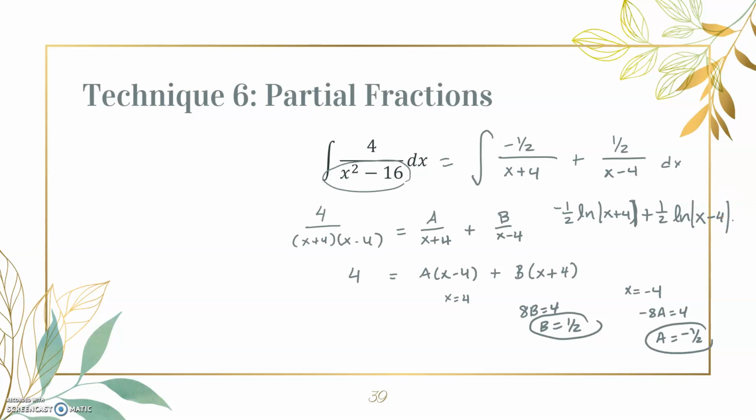You might sometimes see this rewritten as a division problem, so you might sometimes see it as 1/2 times natural log of x minus 4 divided by x plus 4, because subtraction can turn into division. So don't be freaked out if you see that the College Board does that trick. It's a way of simplifying the answer, and you might see it as a multiple choice option.